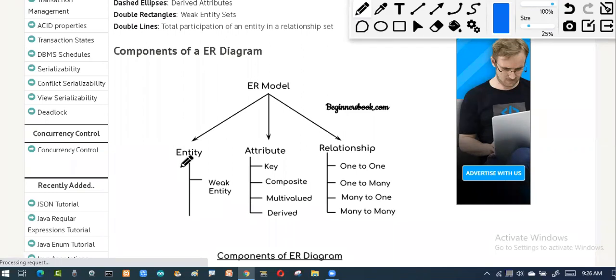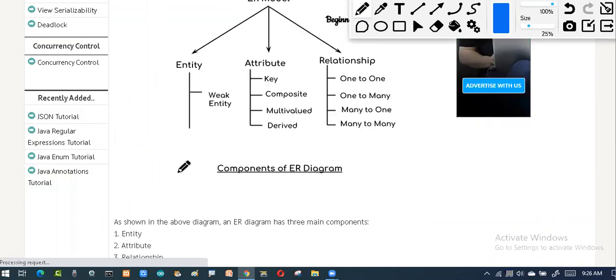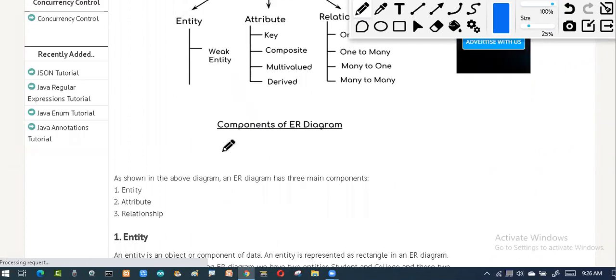So the loan entity is the main one rather than the installment. So installment is an entity which depends on the loan entity, and we call installment a weak entity.